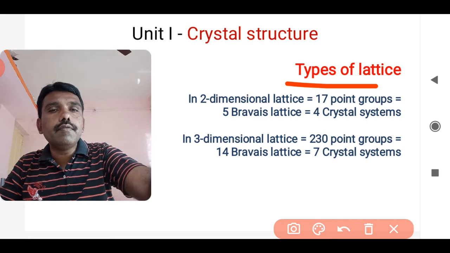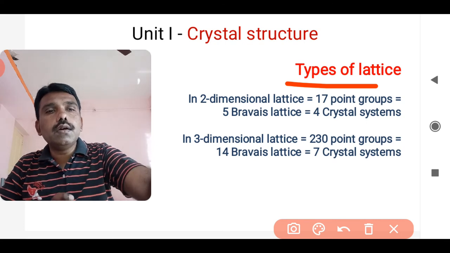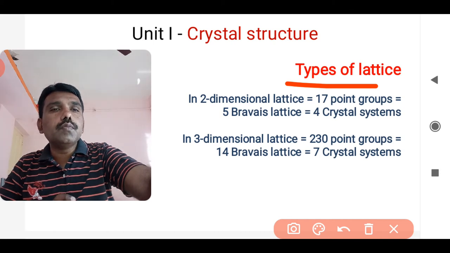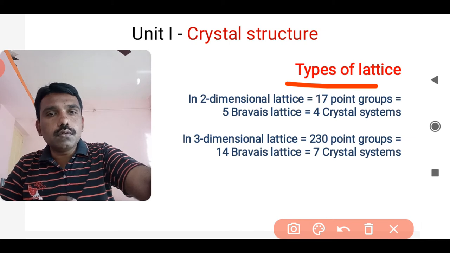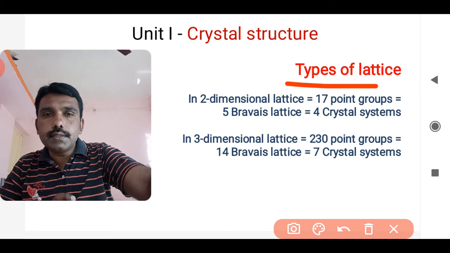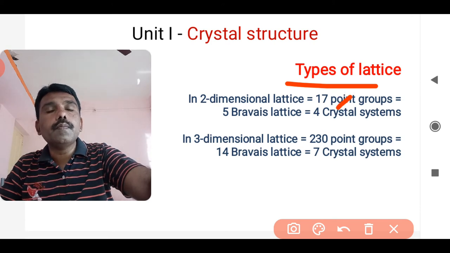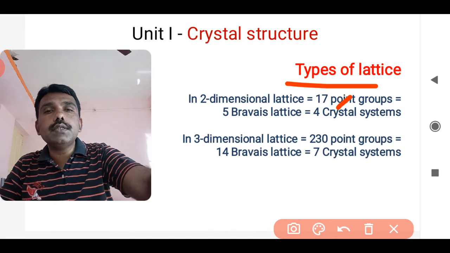It should have 10 point groups, and the space groups should be 17. So here, instead of point there should be space. So as far as the two-dimensional lattice is concerned, the number of point groups possible is 10, and the number of space groups is 17.